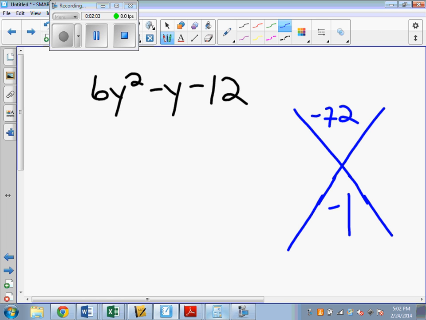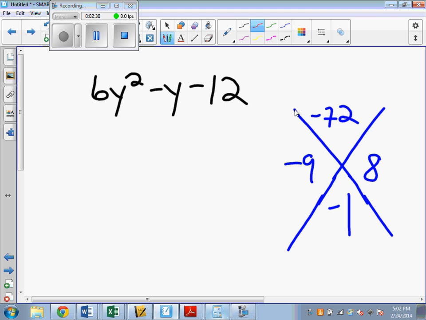If you can't think of these offhand, it's okay to list your factors, like 1 and 72, 2 and 36, and so on. But in this case, you're going to get negative 9 and 8. When you multiply those together, you get negative 72, and when you add them, you get negative 1.